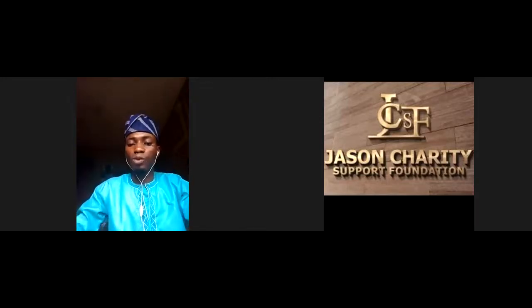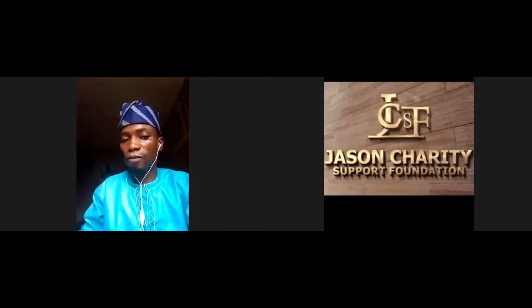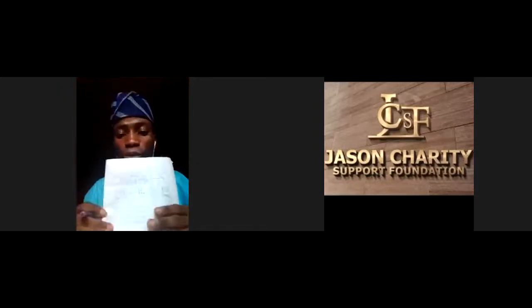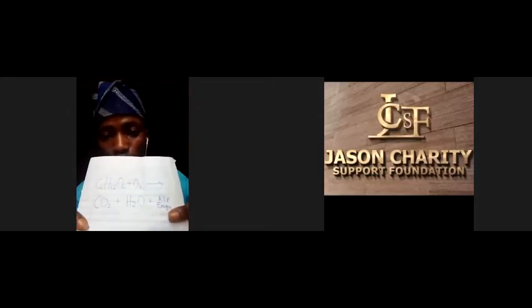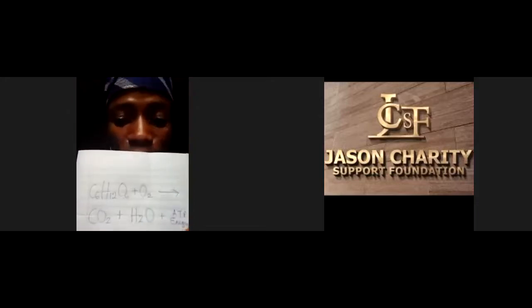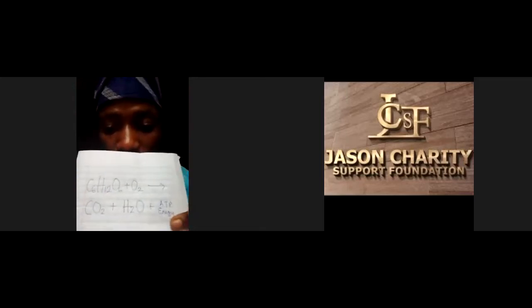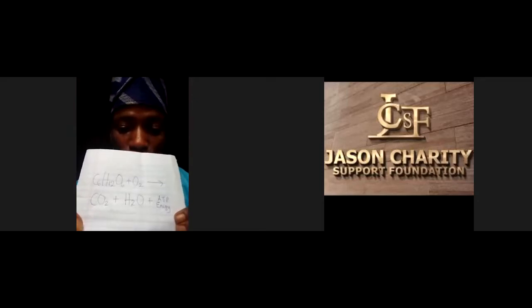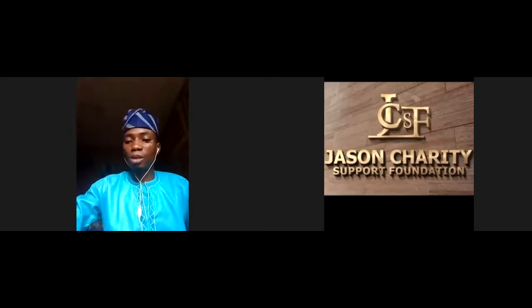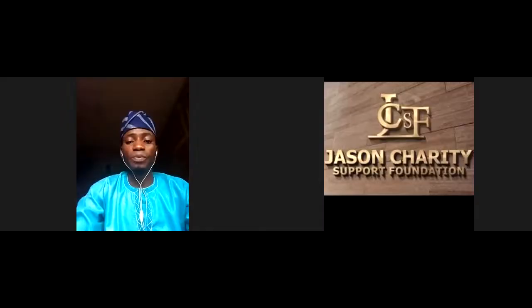ATP stands for adenosine triphosphate. I hope you can see that. C6H12O6 plus O2 to give us CO2, that's carbon dioxide, water, and energy. So that is basically what we refer to as the cellular respiration, as respiration that occurs in the cell.